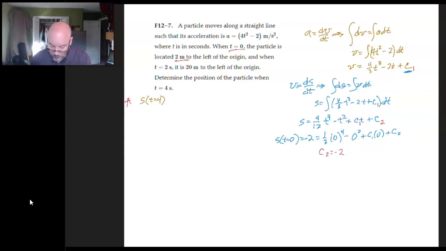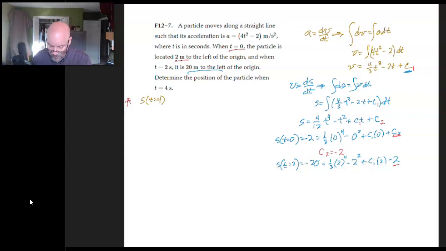Cool. Now we're going to use our other condition. S at t equal to 2 seconds is -20. So it's 20 to the left. We're going to have 1/3 times 2 to the 4th power minus 2 squared plus C1 times 2 minus 2, because we're going to plug in right there for C2.